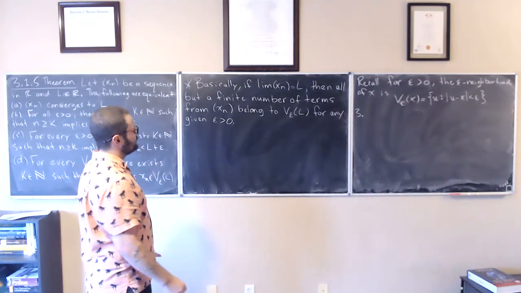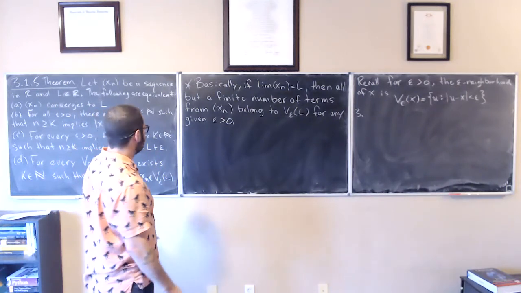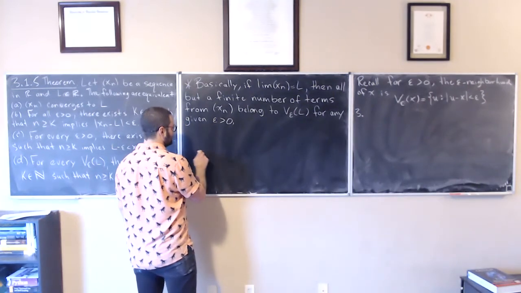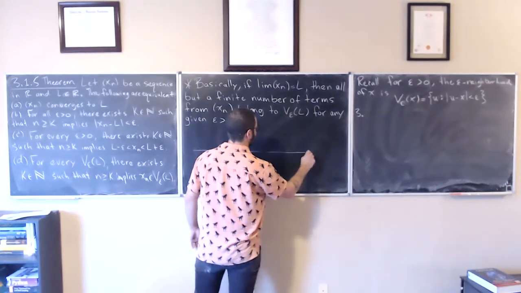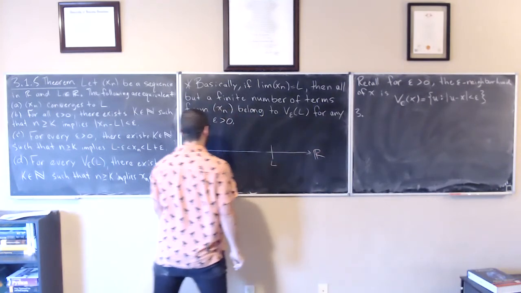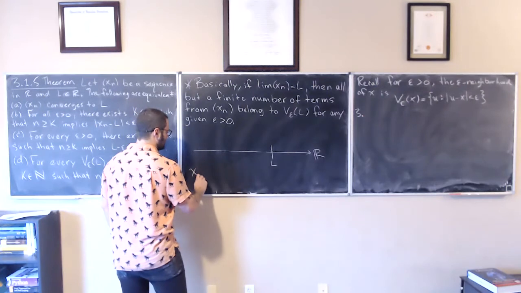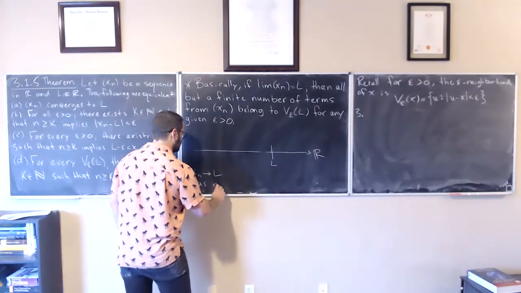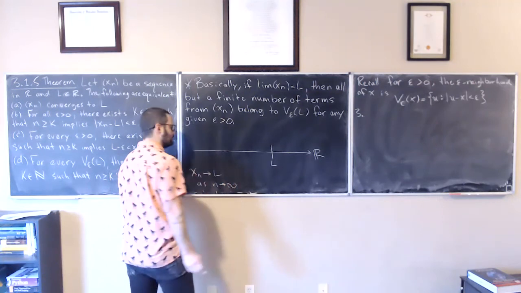So, for example, like the picture I showed earlier. This is the real number line, this is L, and we're supposing that the sequence converges to L as n goes to infinity.